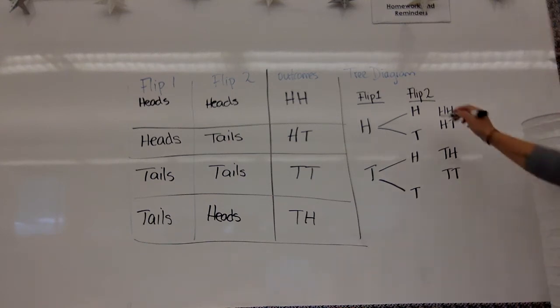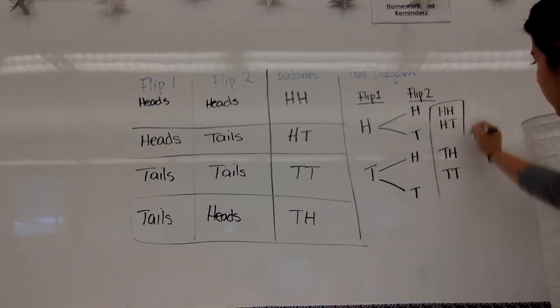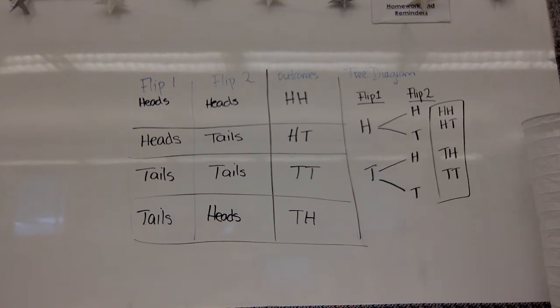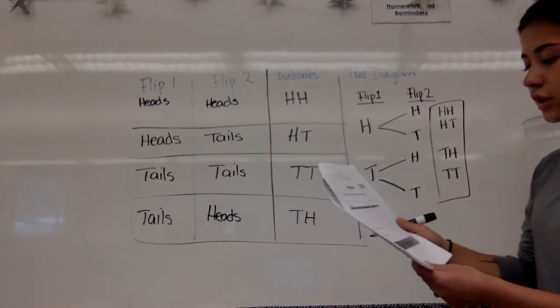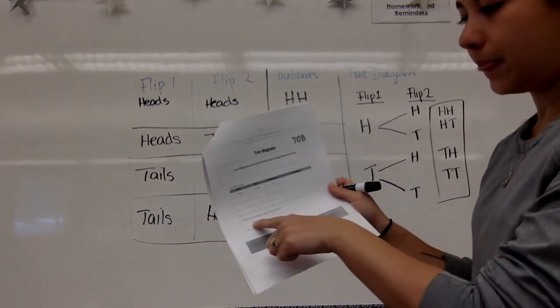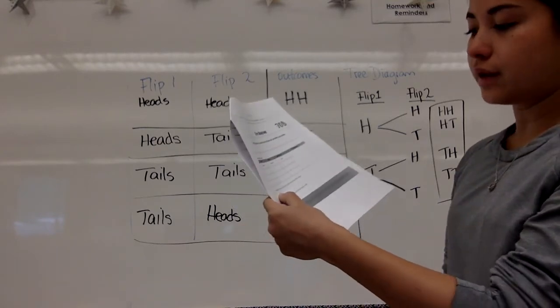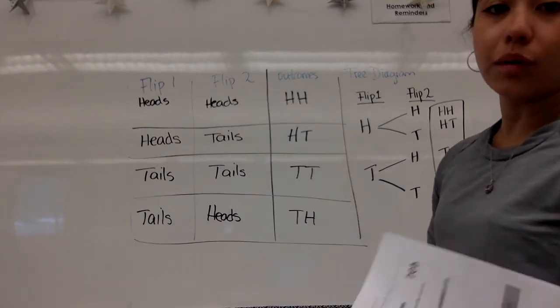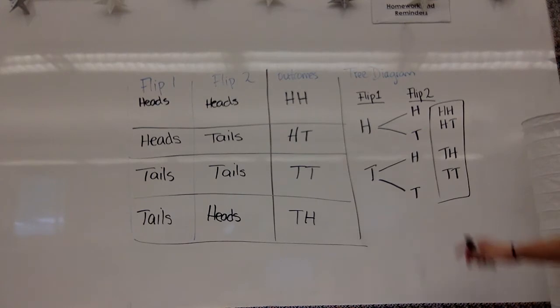Okay, and I'll just draw a little square around it so I don't forget. So those are all the outcomes. So on the sheet here, number 1, where it says what's the probability of getting tails on both flips. So if we look at our chart here, H, H, H, T, T, H, T, T. We want tail on both flips.